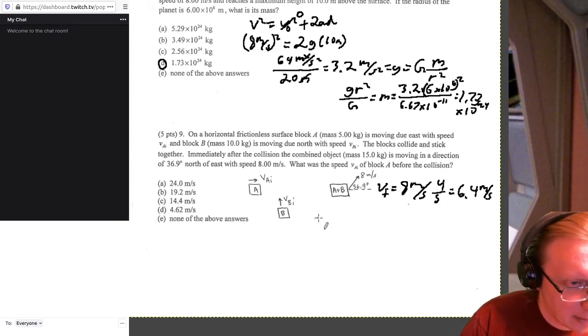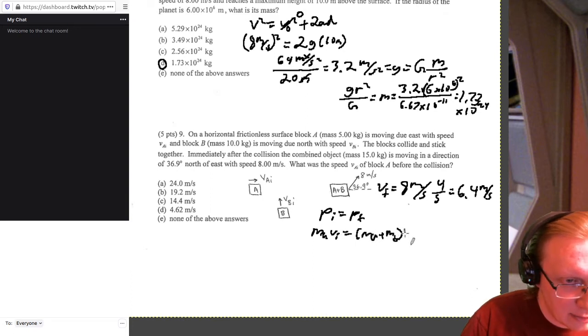So now we can do our momentum initial is equal to momentum final. M A V initial is equal to M A plus M B, V final.